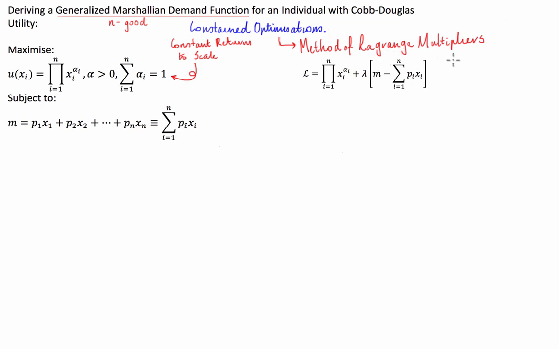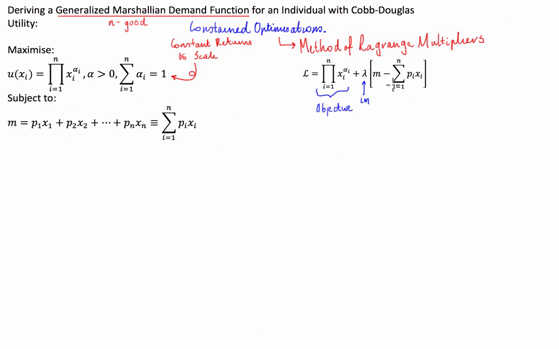The method of Lagrange multipliers takes our objective function, the function that we're trying to maximize, which is utility, and binds it to a multiple of our constraint. This multiple is our Lagrange multiplier, we'll just call it LM.